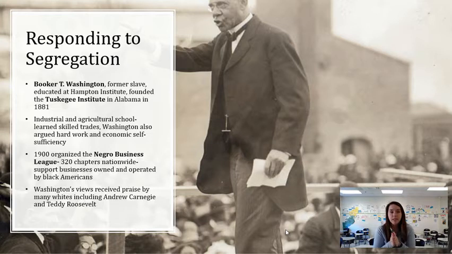Now, his goal was to improve the lives of African Americans. That was his goal. He lived in the South. He had lived discrimination. He had lived through slavery. He was young. And so he is trying to help African Americans be successful economically within society and just live a life as normal as possible in this system that discriminated against them.